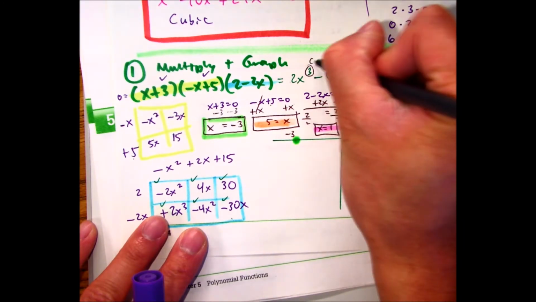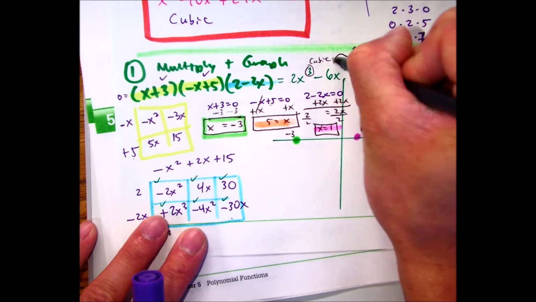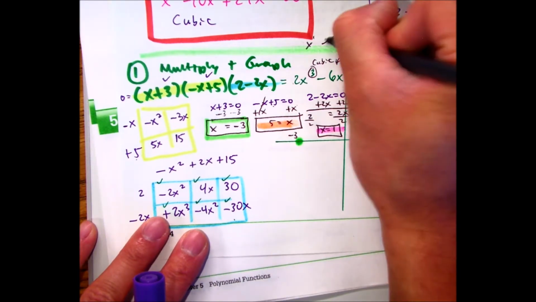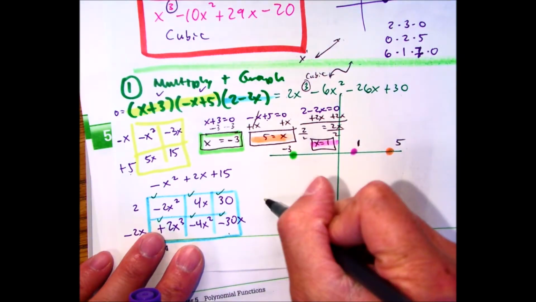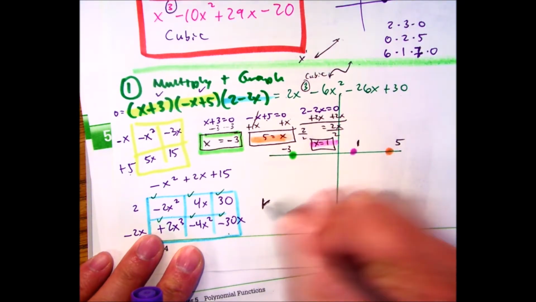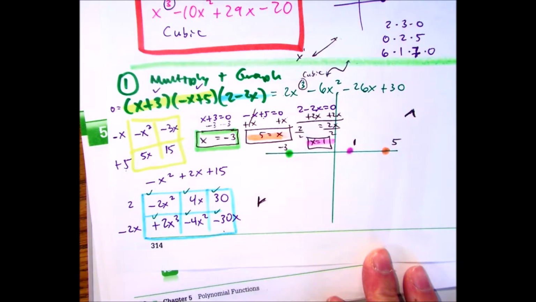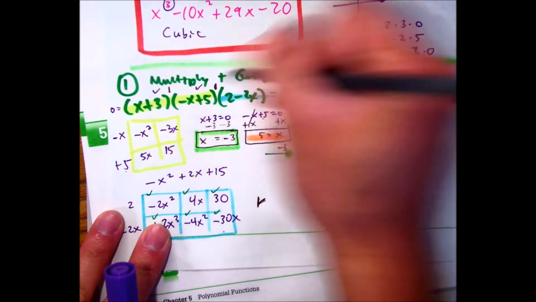3. So it's cubic. And cubics always start down and end up. It's like a linear. x to the first starts down, ends up. So in this graph here, I'm going to start down, end up. And this has a multiplicity of 1. Class, is 1 odd or even?